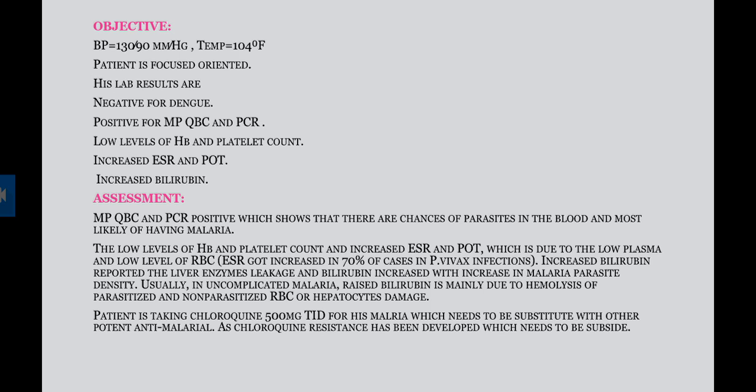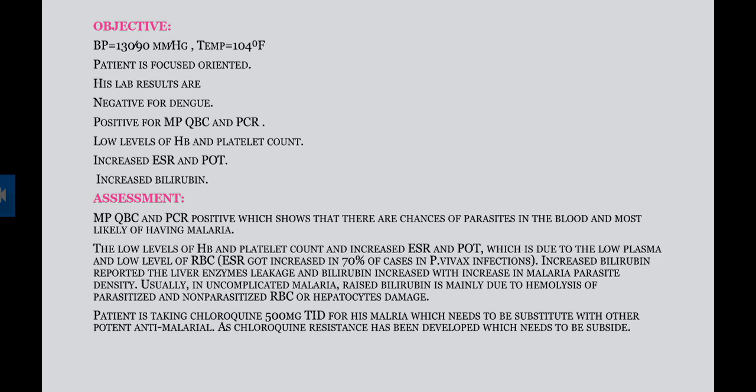ESR increases in 70% of cases in PVVX infections. Increased bilirubin reflects liver enzyme leakage, and bilirubin increases with increase in malarial parasite density. Usually in uncomplicated malaria, raised bilirubin is mainly due to the hemolysis of parasitized and non-parasitized RBC or hepatocyte damage.